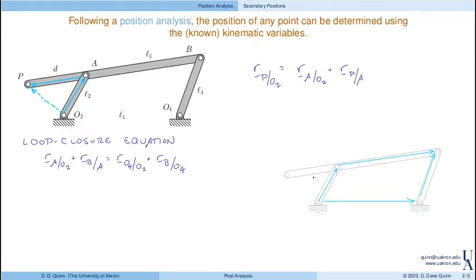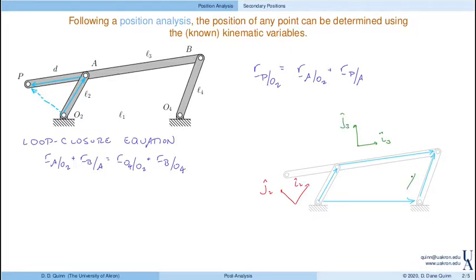So now let's identify some of these vectors and directions, and put some structure to this loop closure equation. Here we'll identify I2 as the direction of link 2, and then J2 there. We can define I3 as the direction from A to B, accompanied by J3.